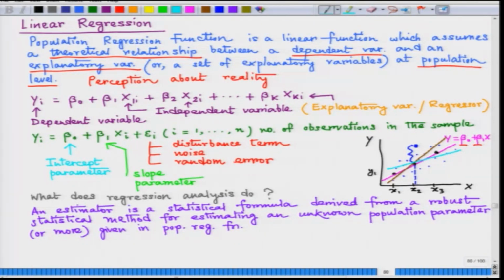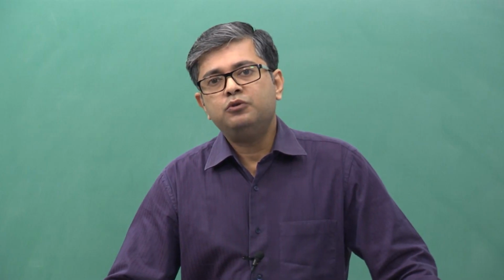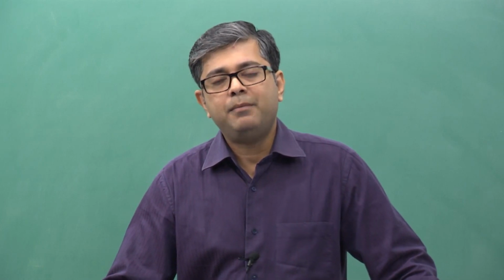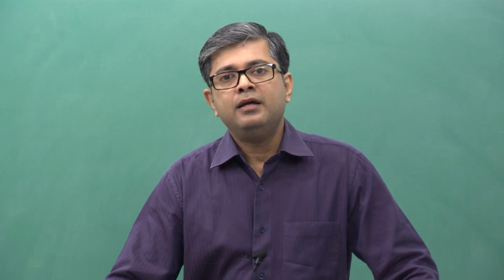These two lines are called the sample regression functions. The task at hand is to find the best possible sample regression function which fits the data. Okay. There are many methods to find proxy values for beta parameters. We are going to now study the simplest possible method, which is called ordinary least squares.